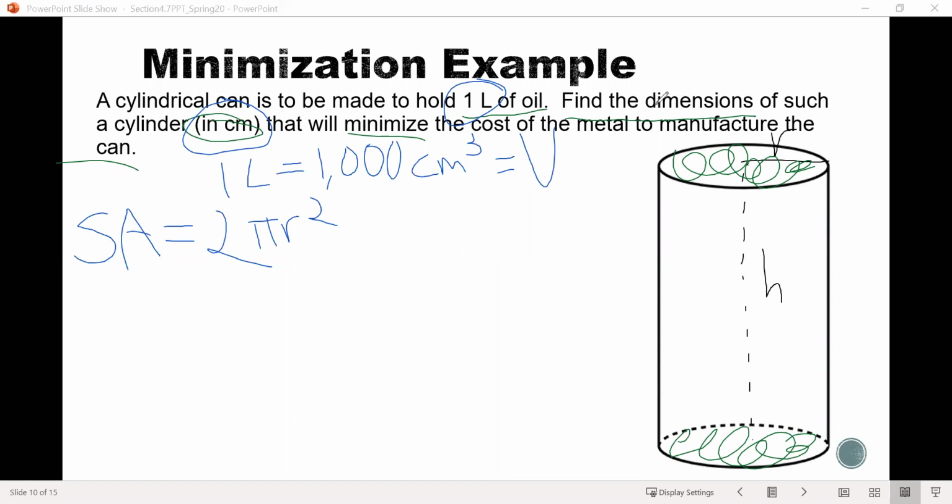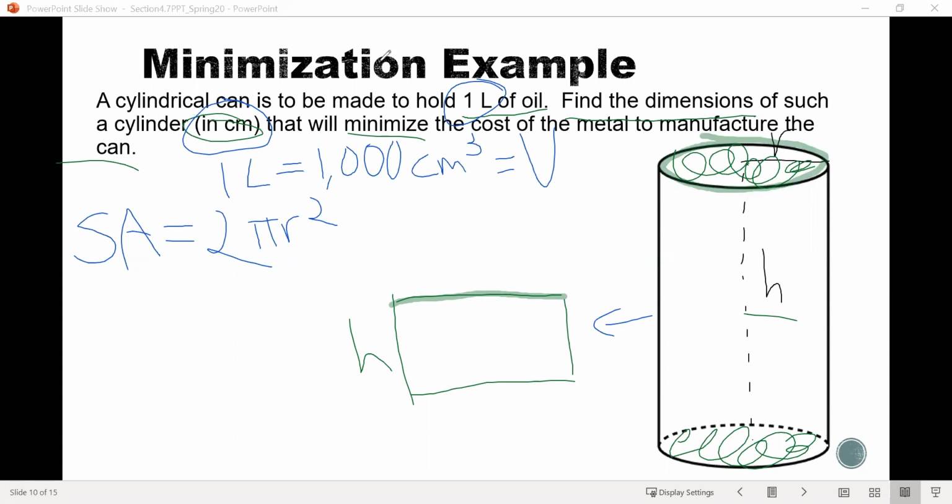And then if you remember, if we unwrap the lateral surface area, the area around the outside of the can, what you get is a rectangle where the height is h, so that's still this. And the distance along the top here corresponds to the distance around the outside of the circle.